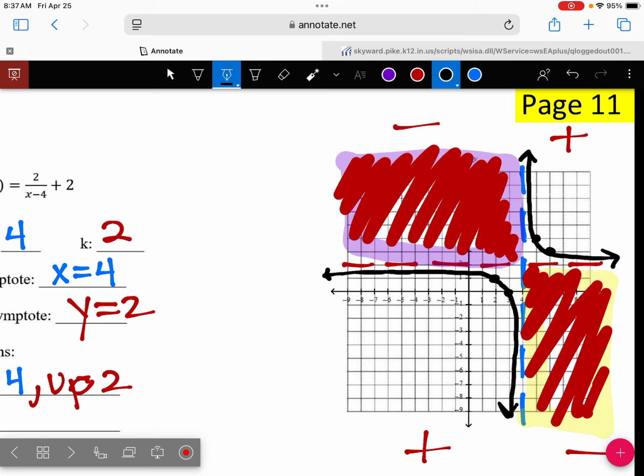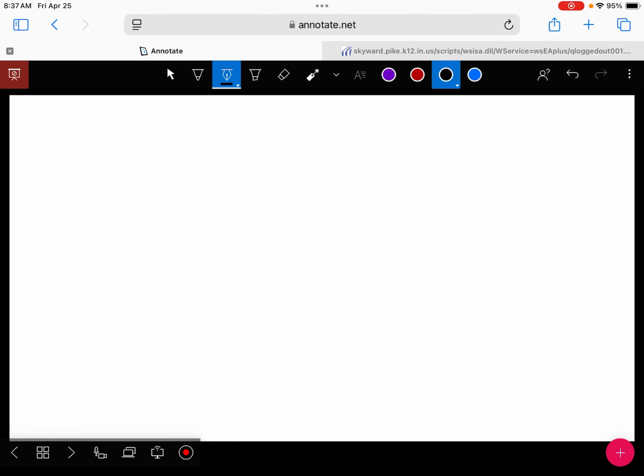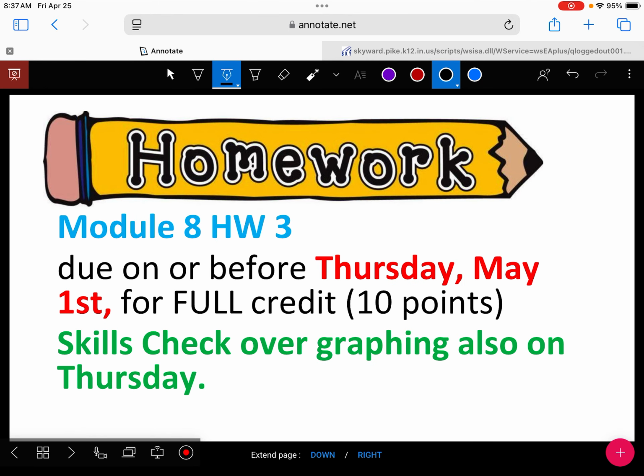Okay, so we're going to practice this a whole lot next week. Everybody has homework. I would recommend that you at least start. If you don't do anything else, first of all, the homework is due on Thursday. You also have a skills check that's over graphing on Thursday.